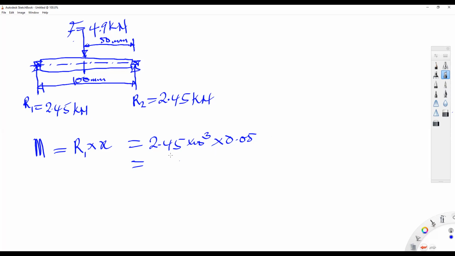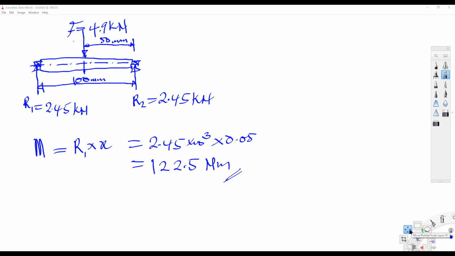Good. So in this case, you say you have what? 122.5 Newton meters, okay? So that's the bending moment at the center.